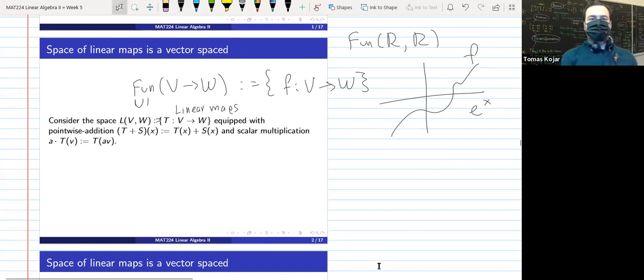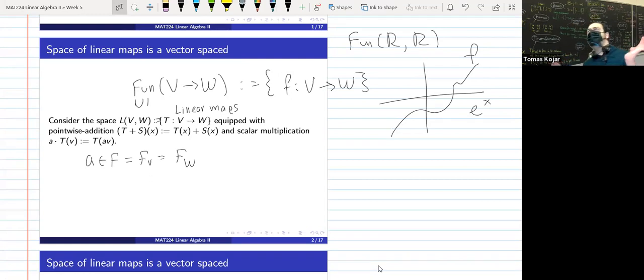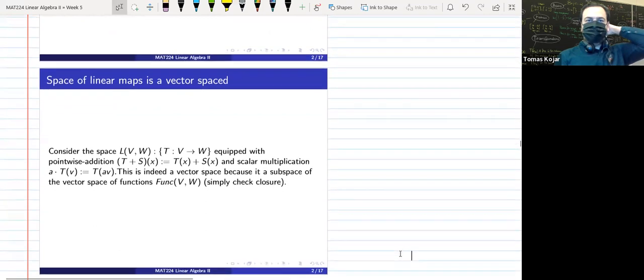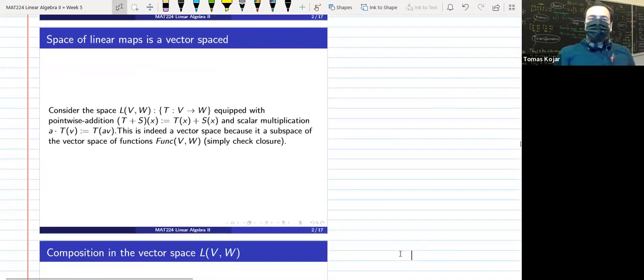So a is in F, which is the field of V and of W. And we're not just doing reals, we're going to do everything: the entire field, complex, finite fields. Is it a vector space?